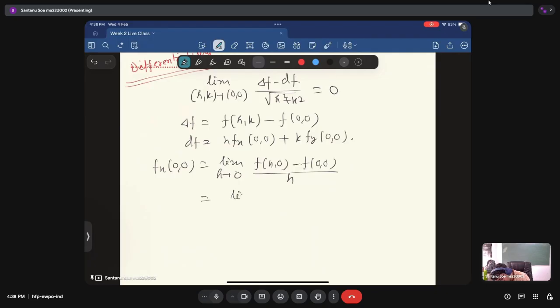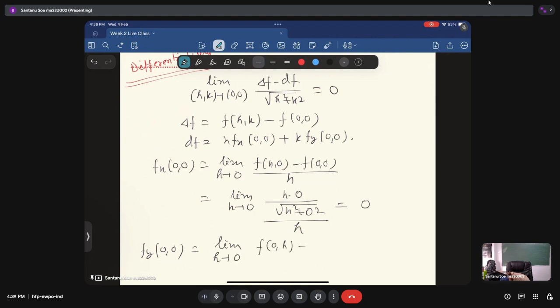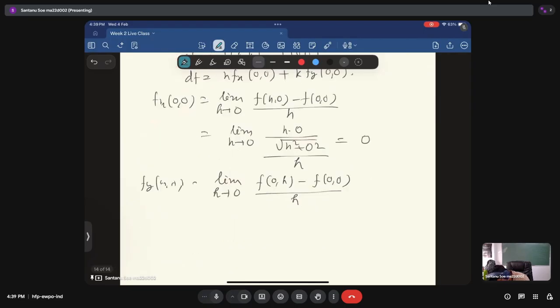So this is limit h tends to 0, h times 0 divided by square root of h square plus 0 square, divided by h. So this is nothing but 0. Similarly, fy 0, 0 is limit h tends to 0, f of 0 comma h minus f of 0 comma 0 divided by h.